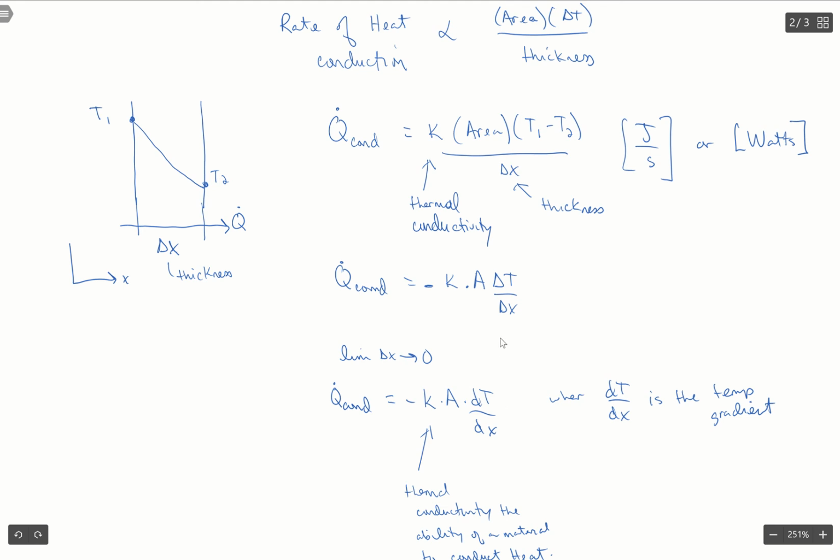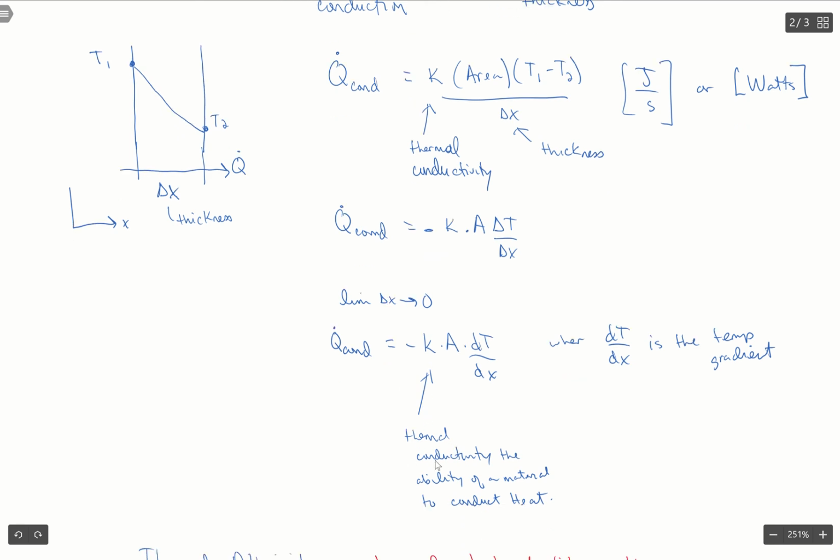When we do that, the rate of heat conduction is equal to negative K, which, remember, is the thermal conductivity, the ability of the material to conduct heat from one side of the material to the other, times the area times the temperature gradient, dT/dx, which is the slope.